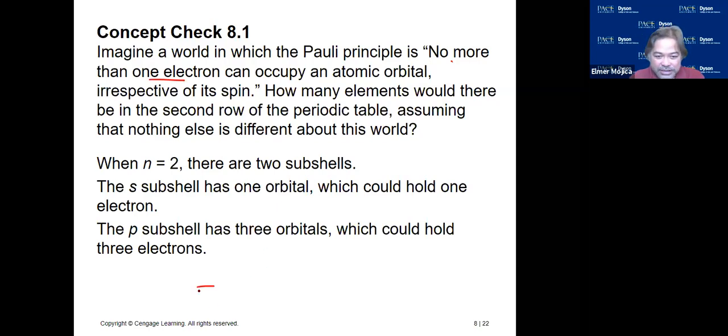So you have here the 2s, and then you have here the 2p. So how many elements do we have there? So if we count it like this, you only have what? 4 elements.